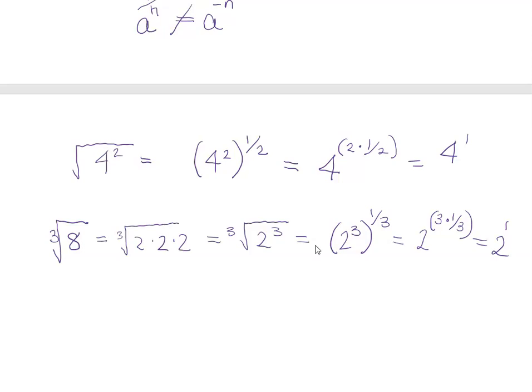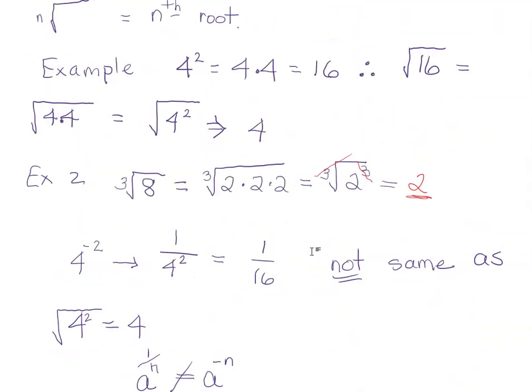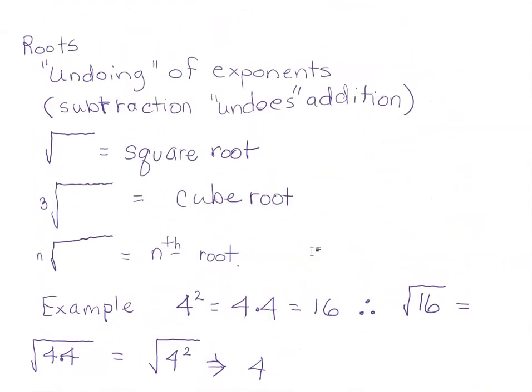So hopefully this is making a bit of sense. I do want to point out that we can have more than just our square root. That one, if we don't have a number out front, it's understood to be a square root, or a cube root, which we understand is 3 times. It can be whatever number we want. All right.